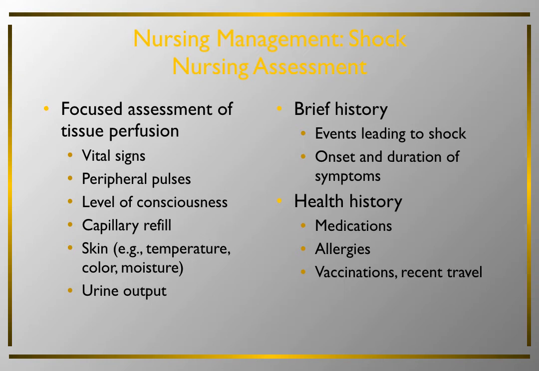And also, how long has this been happening? And then also be aware of the health history, which is what medications were they taking, what's new, what's not. Of course, making sure that you're not doubling up on any medications that are being ordered for them. And then what allergies do they have so you don't cause an anaphylactic shock, as well as maybe any vaccinations or recent travel.